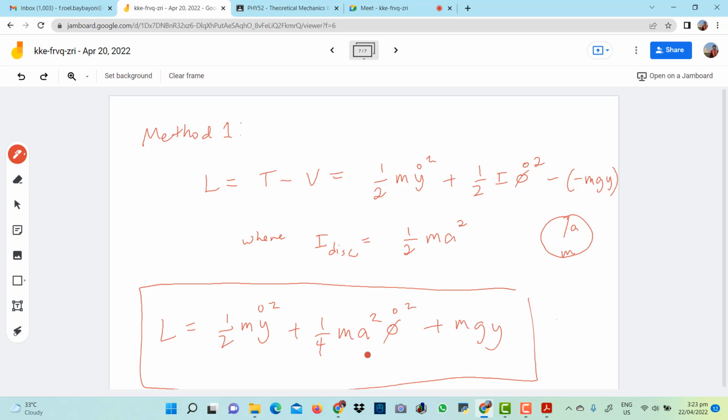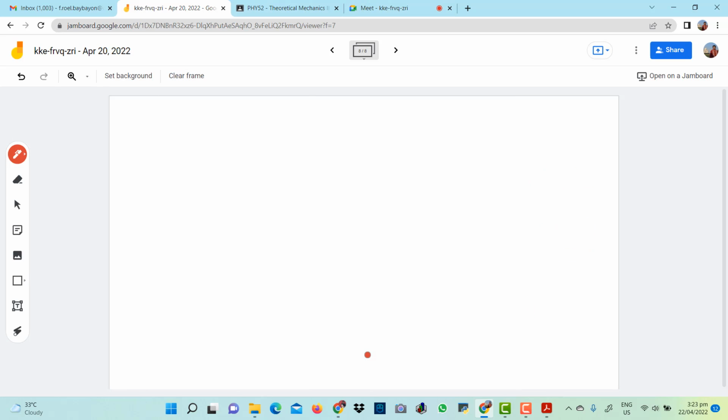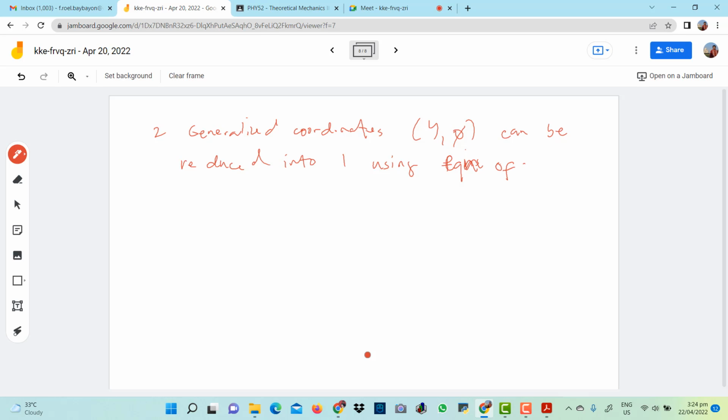So I have two generalized coordinates, y and phi, which can be reduced into one using the equation of constraint f.